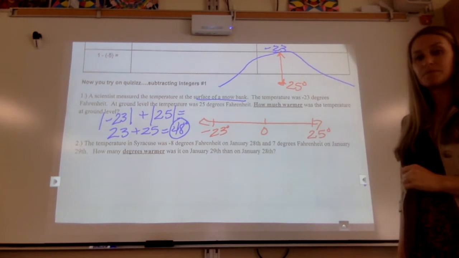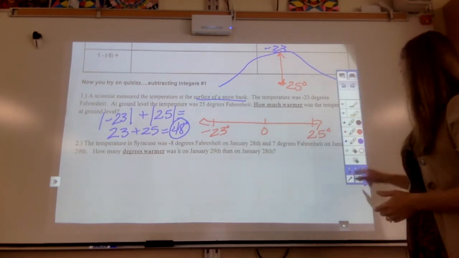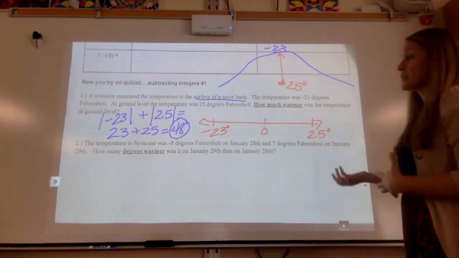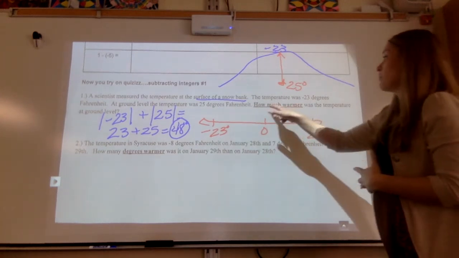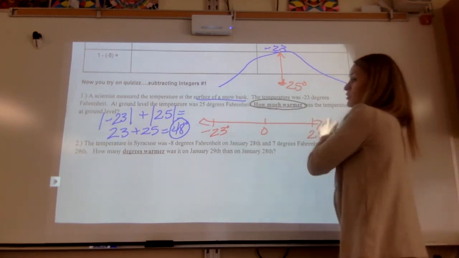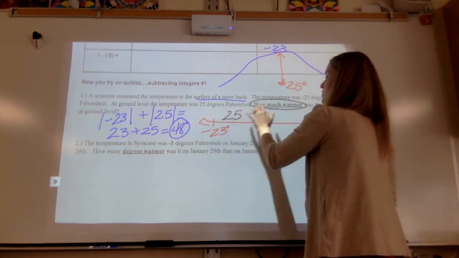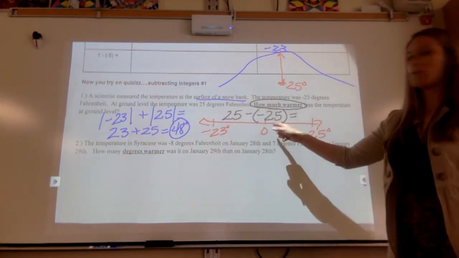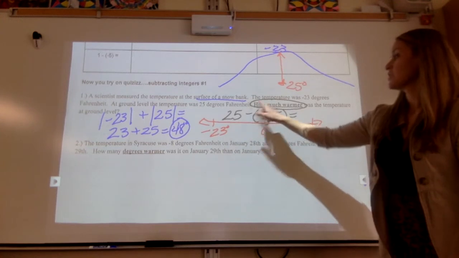at ground level. Now, there's still another way to do it, okay? So let's say I know I want to take my warmer temperature, and how much warmer normally means to subtract. So you normally want to take your larger number and subtract your smaller number. Well, we just did a whole bunch of questions like this, right, where we had that double negative together. So I want to rewrite it.